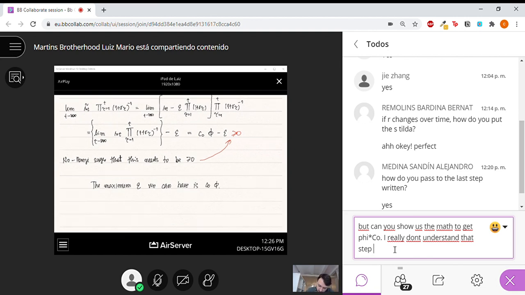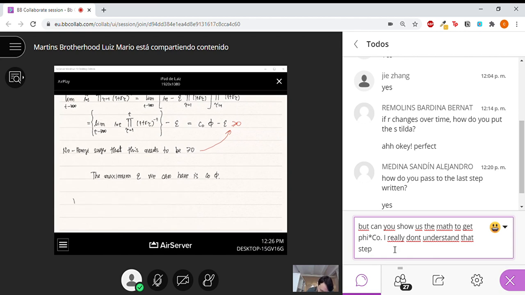So why is this the answer? Actually, phi is a function of C0.